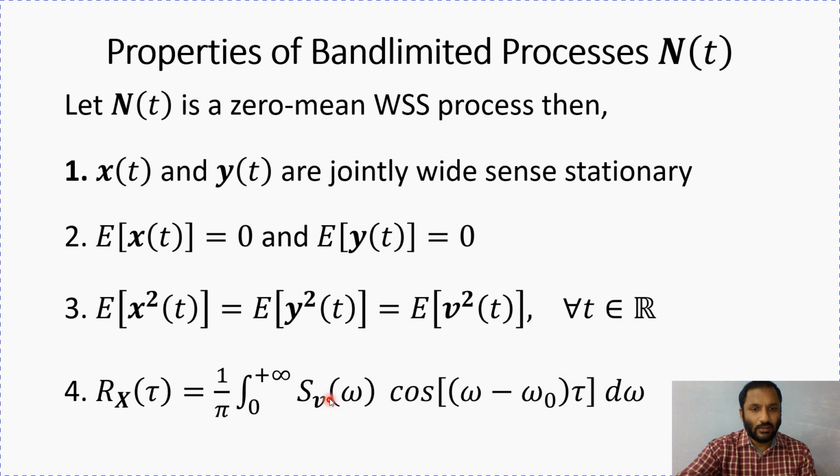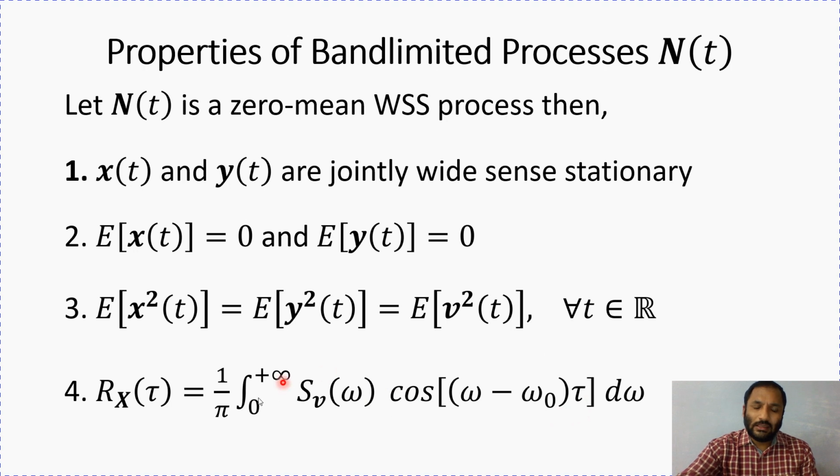Sorry, instead of v, this should be capital X. This is the power density spectrum of capital X. Now we can see that the autocorrelation function, for a wide sense stationary process, is normally equal to the inverse Fourier transform of the PSD. But we have this following relation which doesn't have the complex exponential kernel multiplying this function. We have cosine of omega minus omega naught tau.